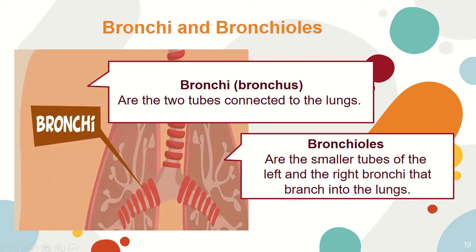And the bronchioles, this one, are the smaller tubes of the left and right bronchi that branch into the lungs, like branches. That is what we call the bronchioles. The bronchi and bronchioles are the passageways for air from the trachea to the alveoli of the lungs.